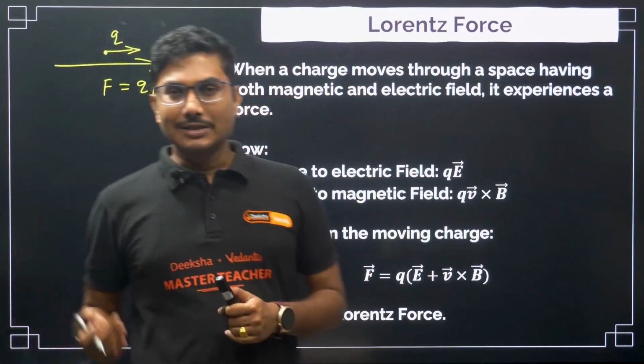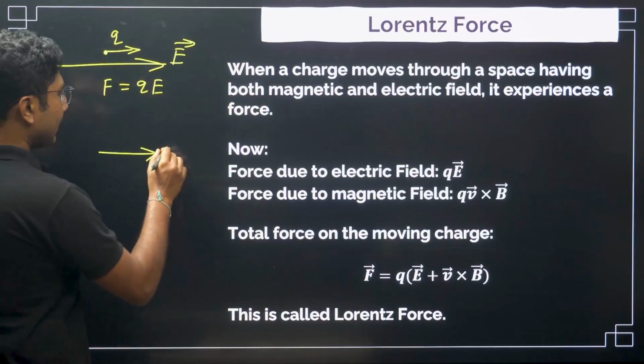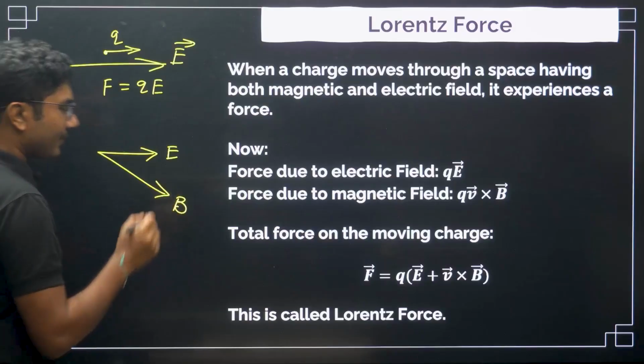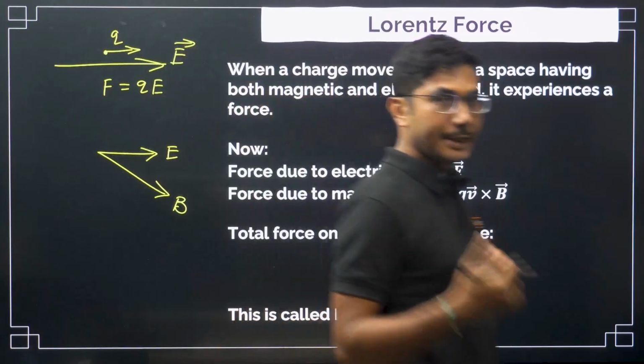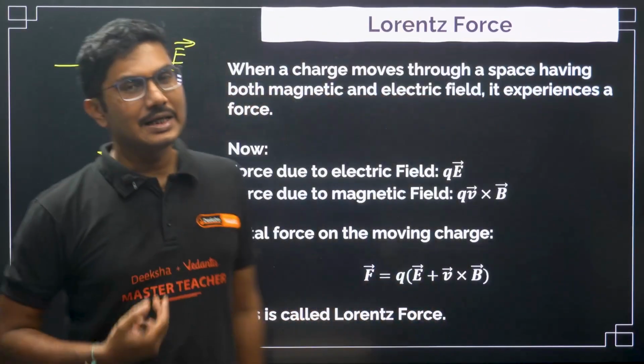Now what is Lorentz force? Lorentz force is basically, if you consider an electric field as well as a magnetic field. Magnetic field is denoted by the symbol B, and E represents the electric field.